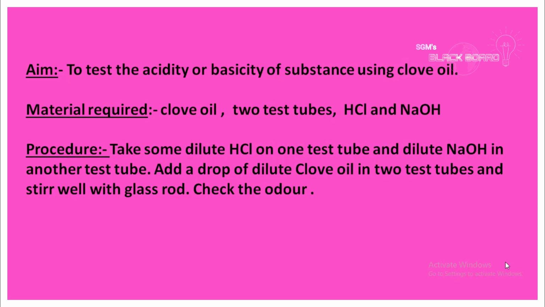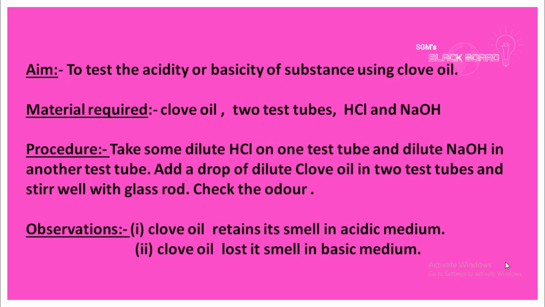Take some dilute HCl in one test tube and in another test tube take dilute sodium hydroxide. Now let us add a few drops of clove oil in both the test tubes. After stirring with the glass rod, check the odor in both the test tubes. We observe that clove oil retains its smell in acidic medium, that means in HCl, and it loses its smell in sodium hydroxide, which is the base.